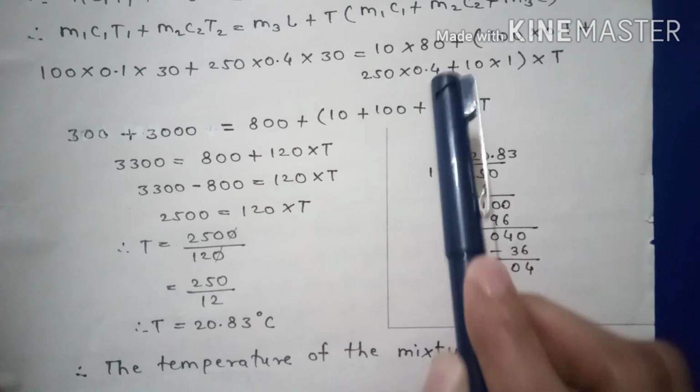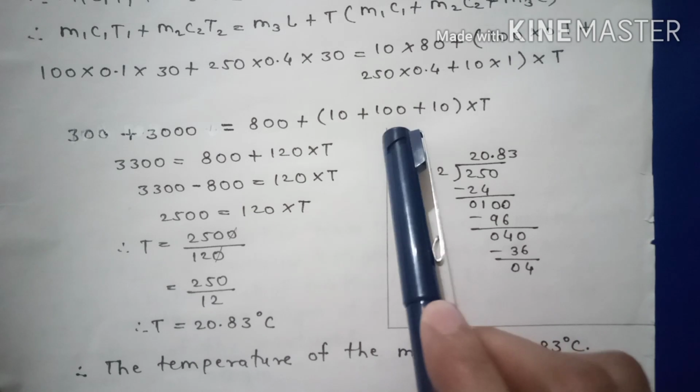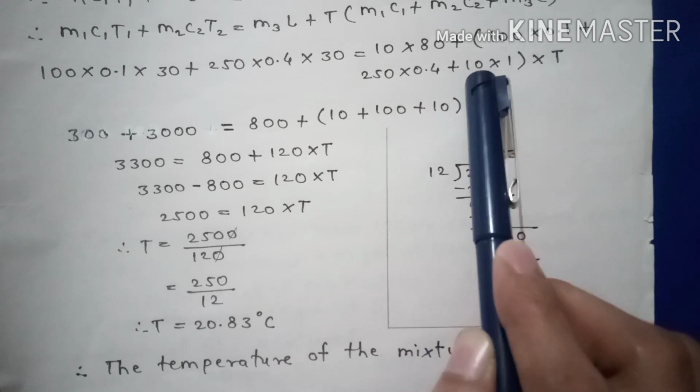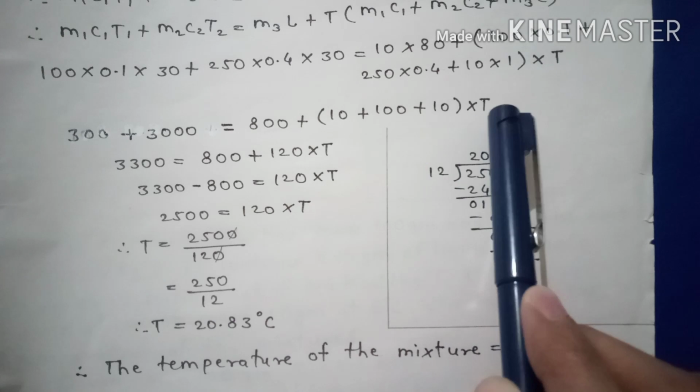Actually it is coming 1000, but here the decimal point is there, that's why it is coming 100. Plus 10 into 1, 10 as it is, into T.